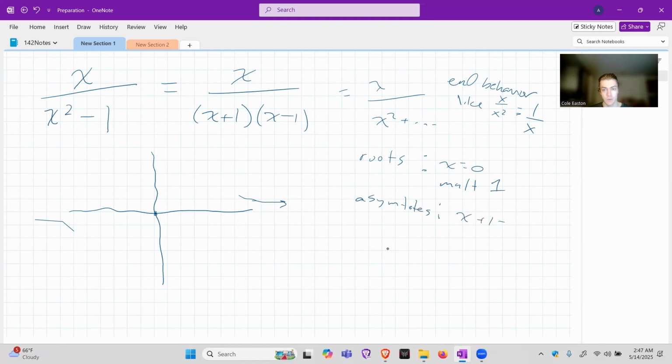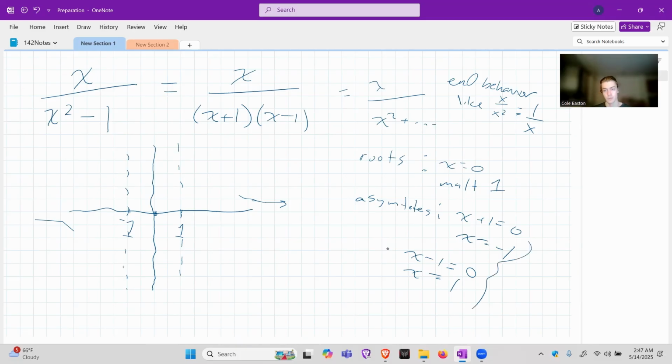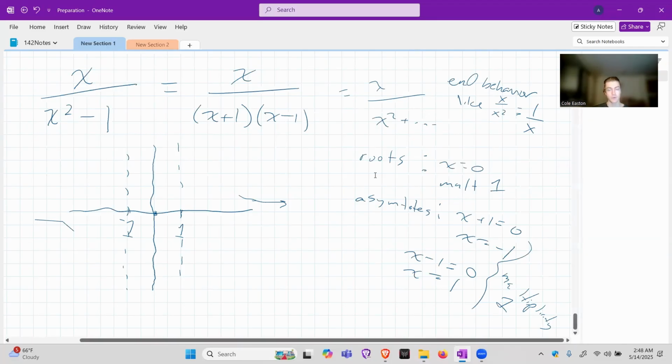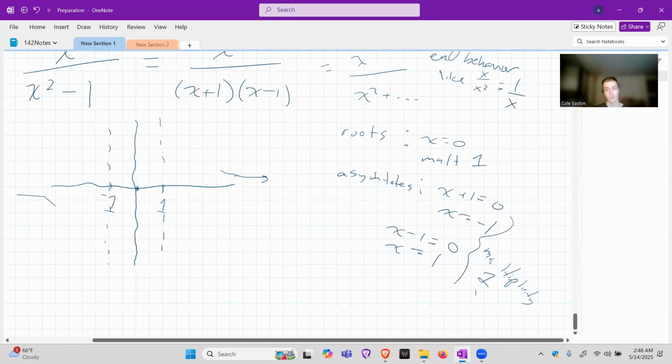So x plus 1 equals 0 gives us x equals -1, and x minus 1 equals 0 gives us x equals 1. So I'm going to put my first asymptote here, another asymptote here. Okay. And these both have multiplicity 1, so that means that they approach the asymptote from different directions, just like 1 over x.